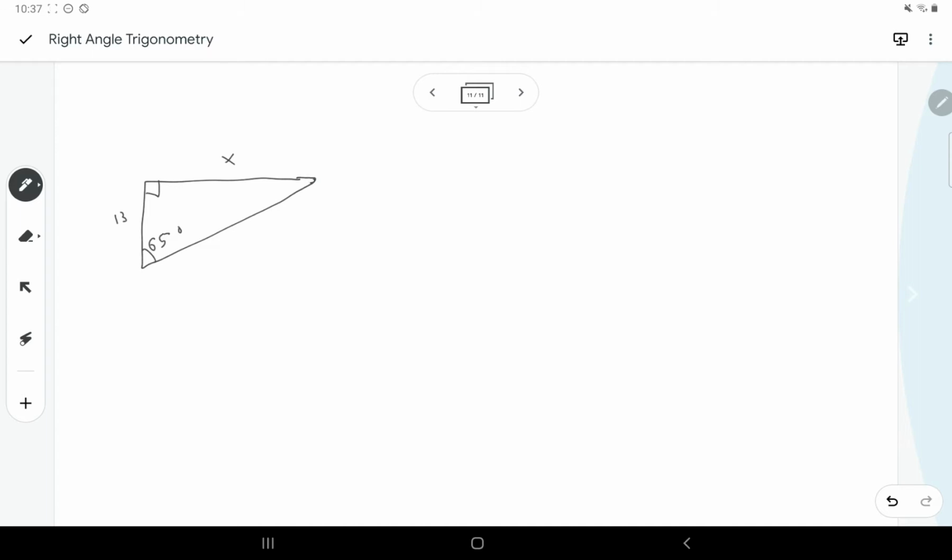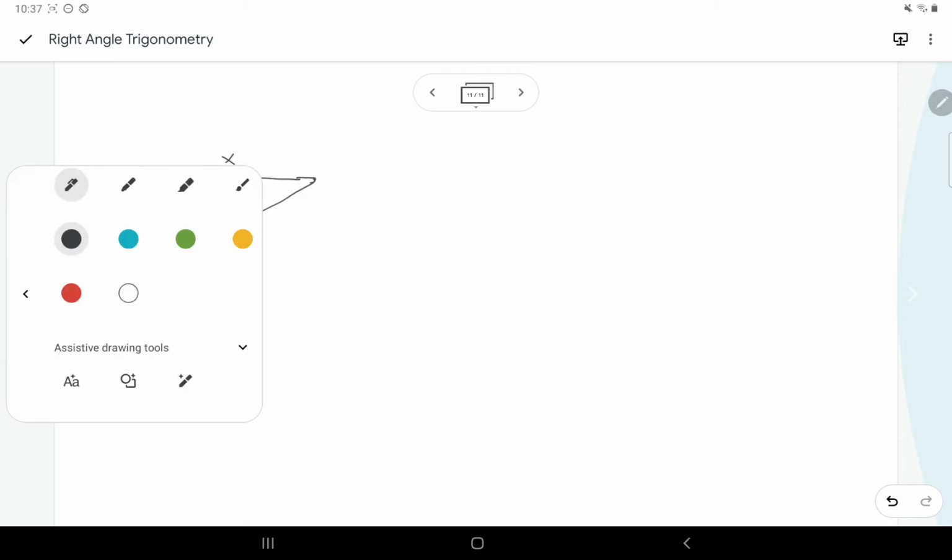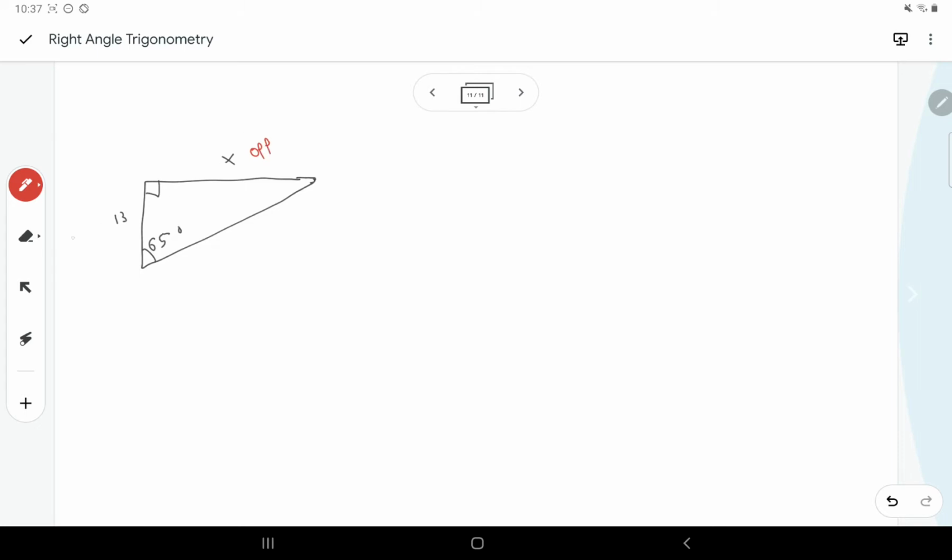Okay, so we know this is going to be tangent, but let's take a look anyway. Looking at the angle and all the way across, that's going to be our opposite. And then looking at these sides, we know that this side is going to be our hypotenuse, which means that the last side here must be the adjacent. Okay, so we have opposite and adjacent, so that gives us tangent. So tangent of theta equals the opposite over the adjacent.